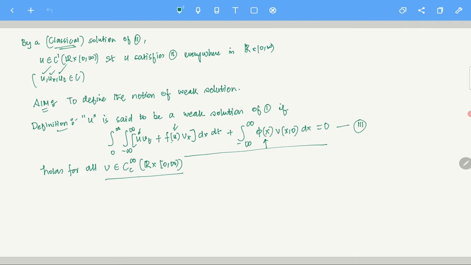Here, if you are using this definition 3, you do not need u to be differentiable, since you are just taking some integral. So basically, if u is continuous and bounded, that is also good enough. You do not even need differentiability.